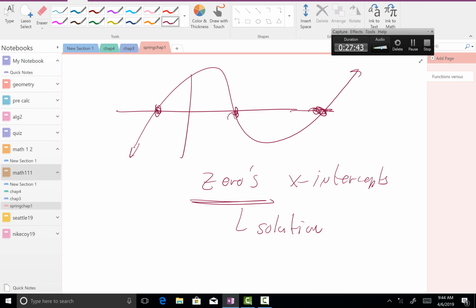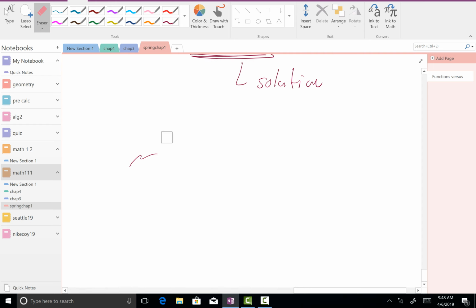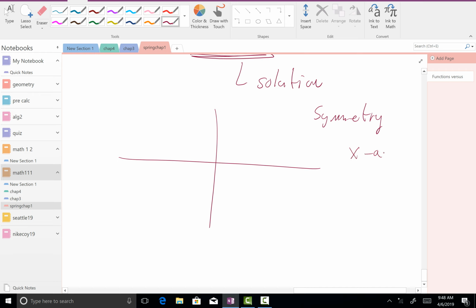Okay, I want to do this. Let me pause this for a second. Let's talk about symmetry here: to the x-axis, to the y-axis, and to the origin. The origin one's the hardest.